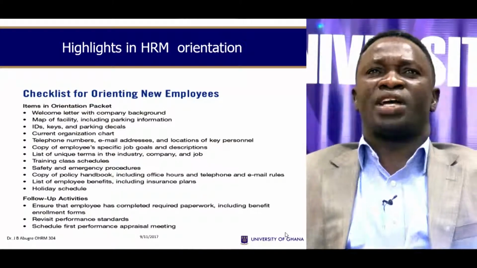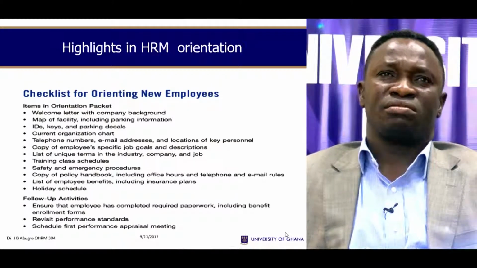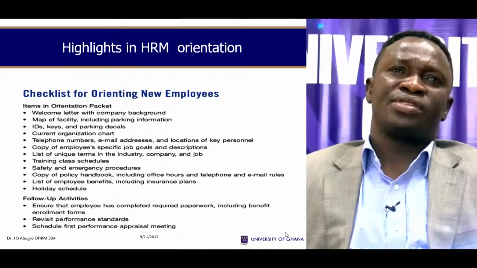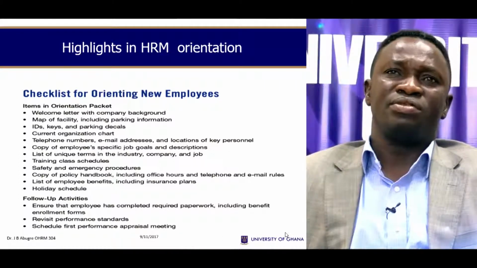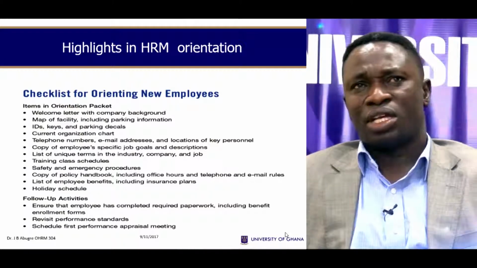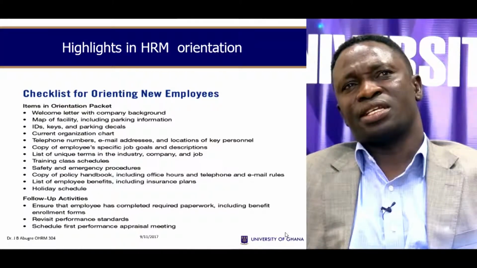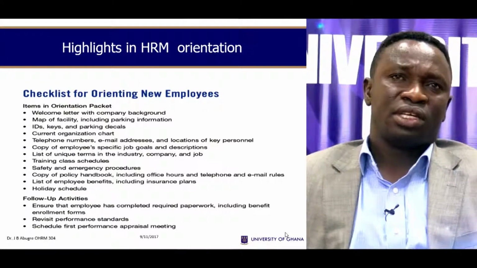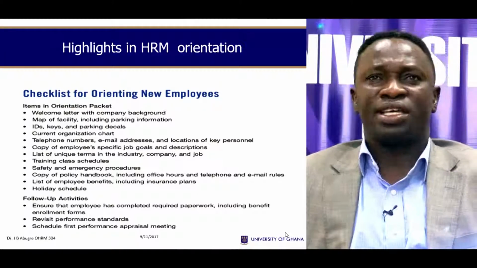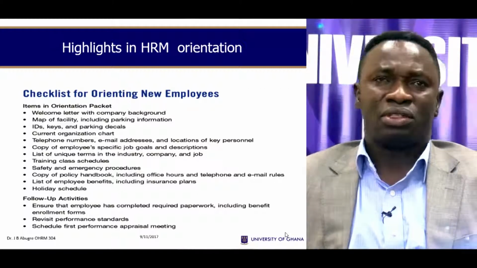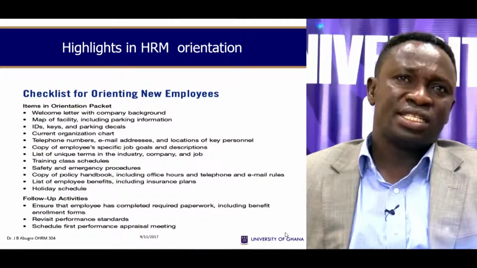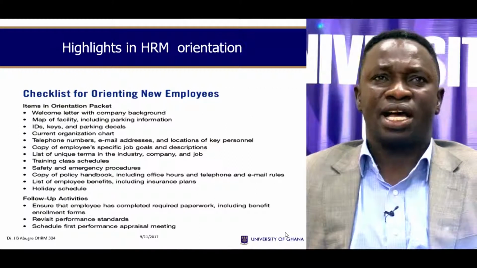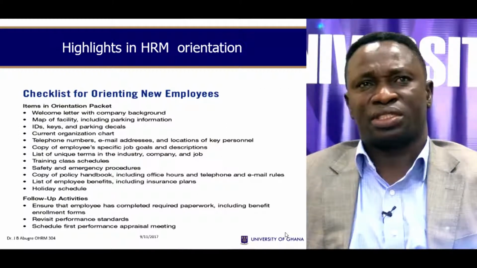So let's look at some of the highlights in human resource orientation. What I'm trying to say is that checklists for orienting new employees, what are we looking for? Items in the orientation package: first of all, there could be a welcome letter with a company background, map of the facility including parking information so that you get to know. Maybe you need IDs, keys and parking decals and so on, where you can normally put your things.